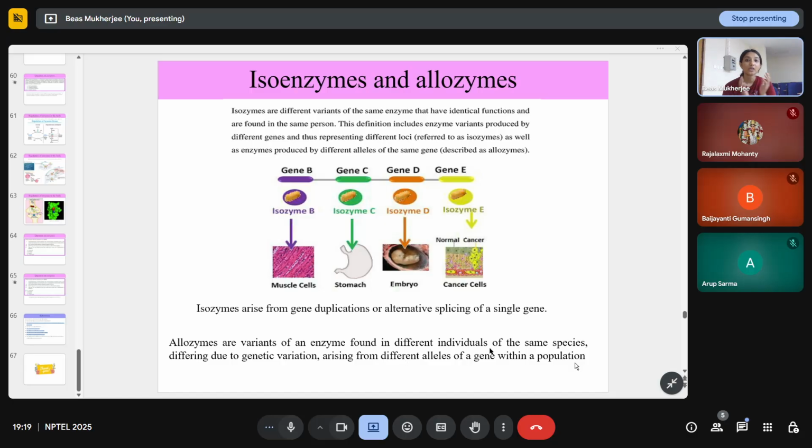Right? So enzyme variants produced by different genes present in the same loci are called isoenzymes, and enzymes produced by different alleles of the same gene are called alloenzymes.